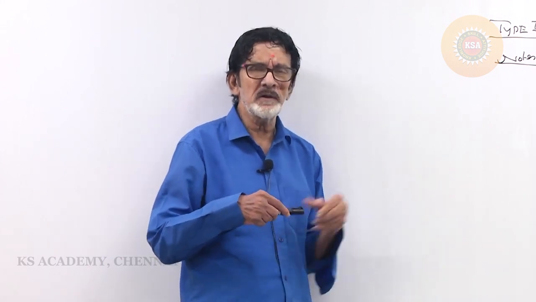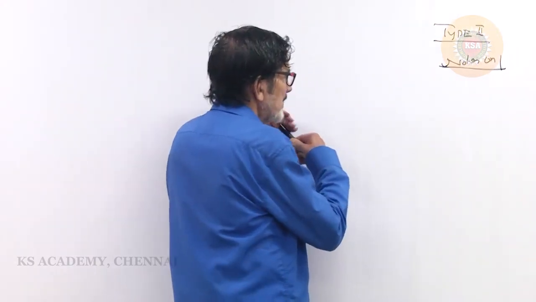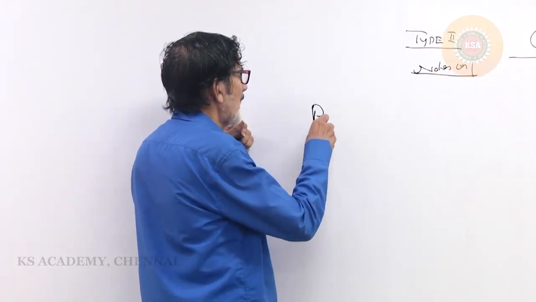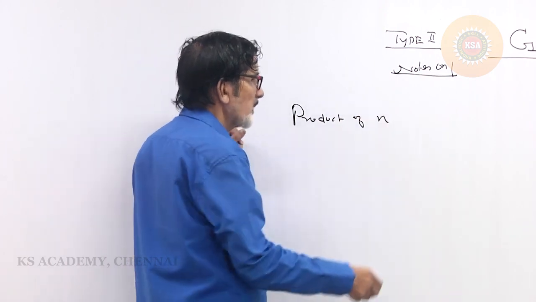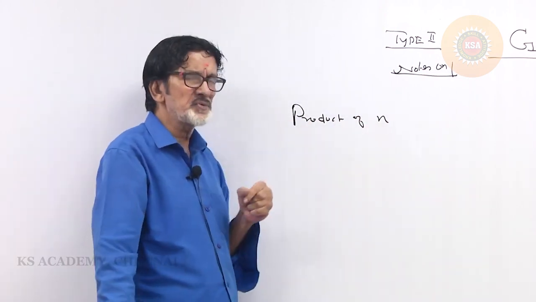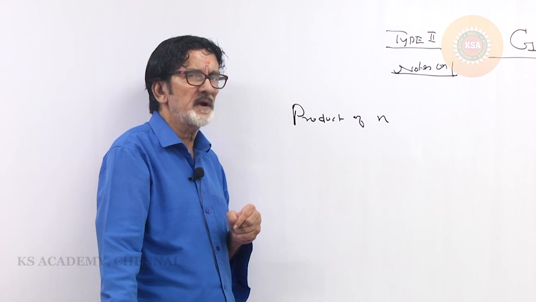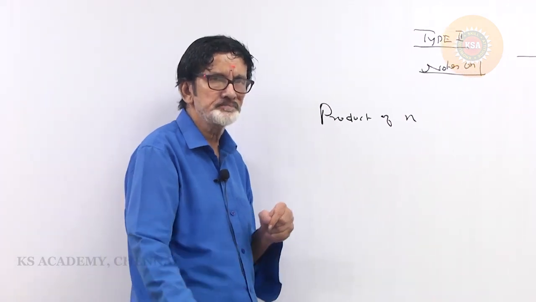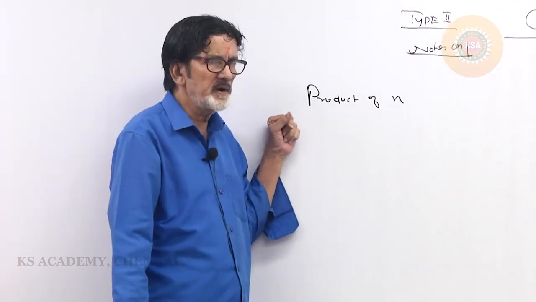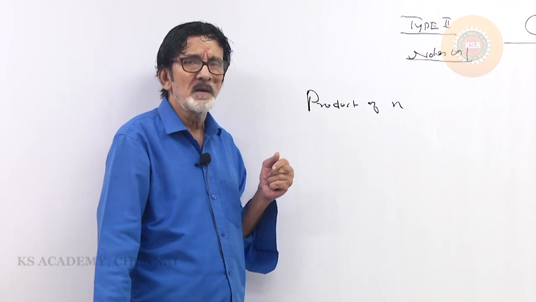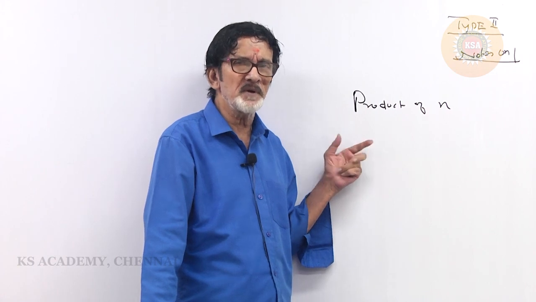Two more things I have to tell. For the next heading, write: product of n terms of a GP, and underline it. In the AP chapter we cannot find this. In geometric progression we have the product of n terms, not only the sum of n terms we have seen.